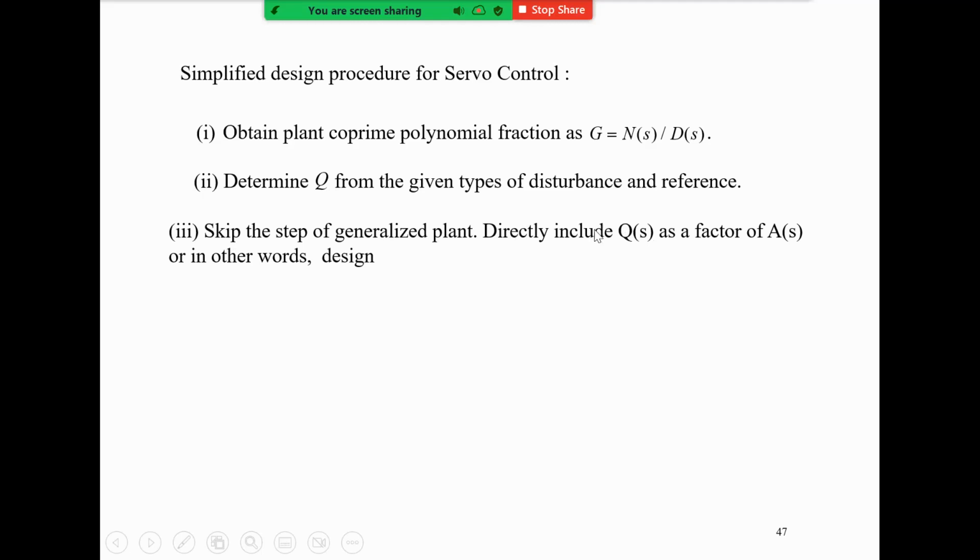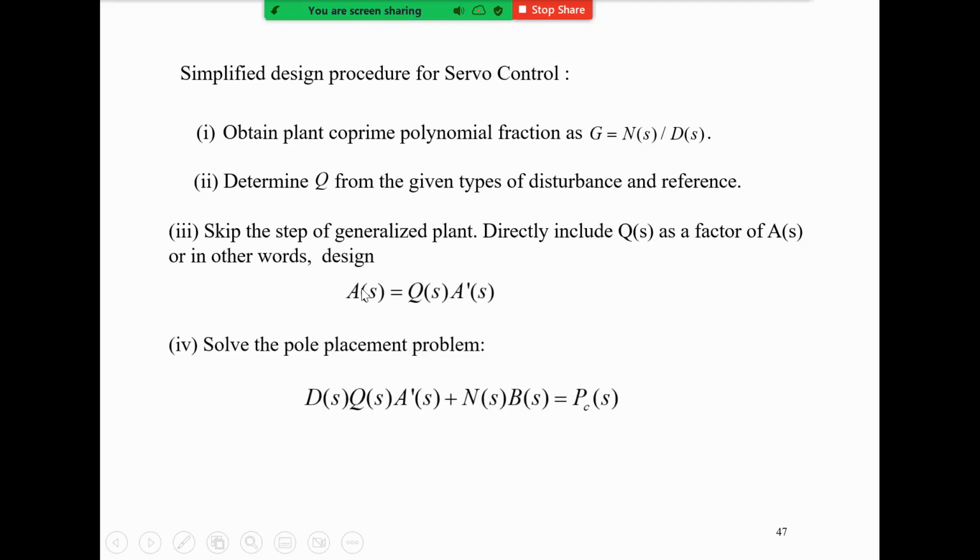We can just directly include Q as a part of A. So in other words, you design the A in this form: A has to be Q times A prime. Then you solve the pole placement problem by directly plugging the expression for A prime and B inside this equation, and then you try to match the coefficients.